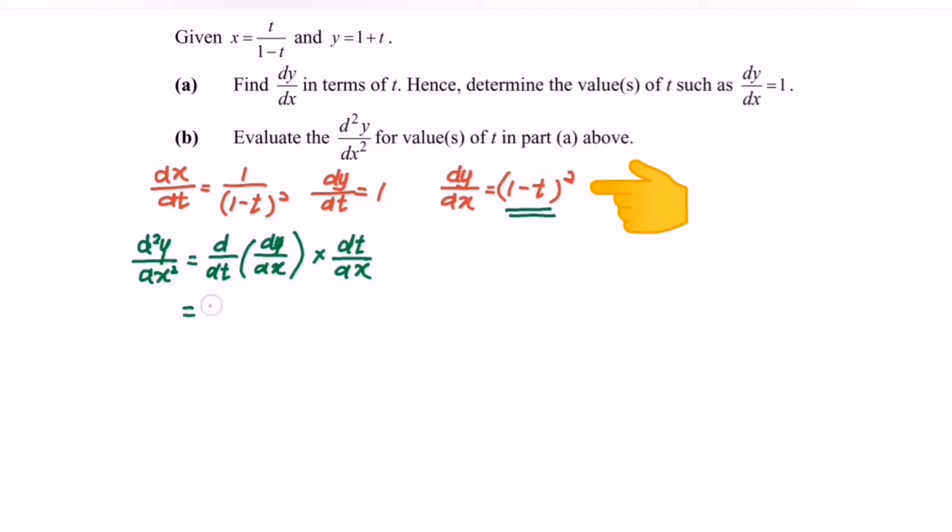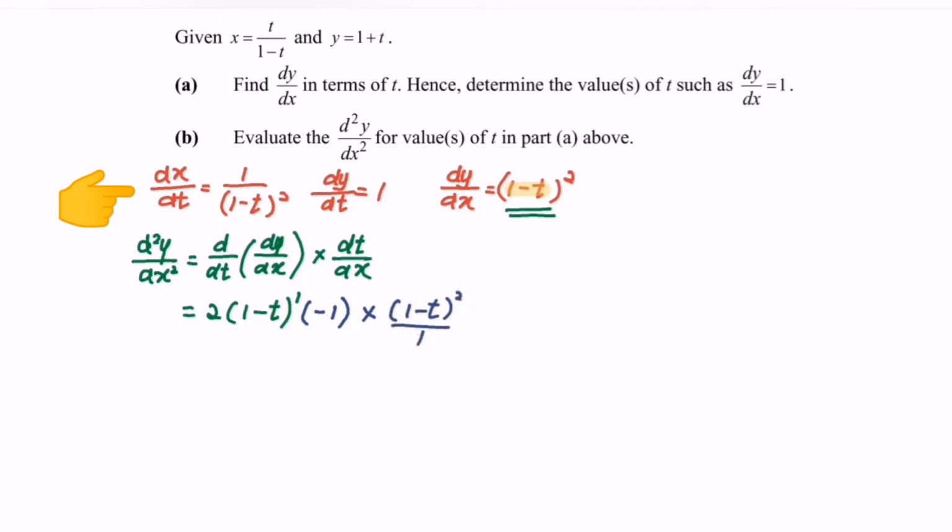We have 2(1 minus t) to the power of 1, then differentiate the internal function, which is 1 minus t, with respect to t, so we will have negative 1. Then do remember to multiply with dt/dx, meaning dt/dx will be (1 minus t) squared over 1.